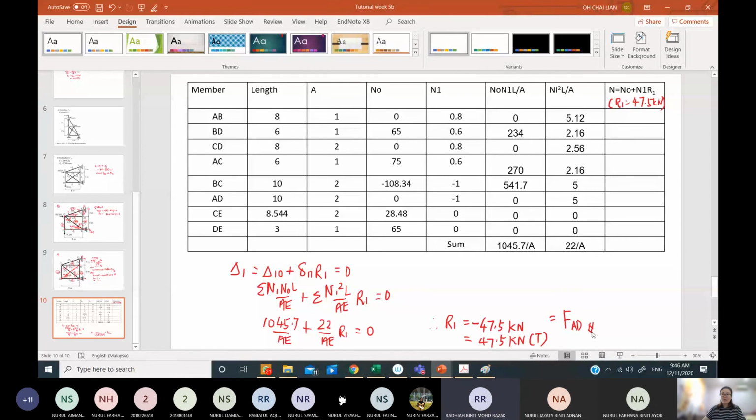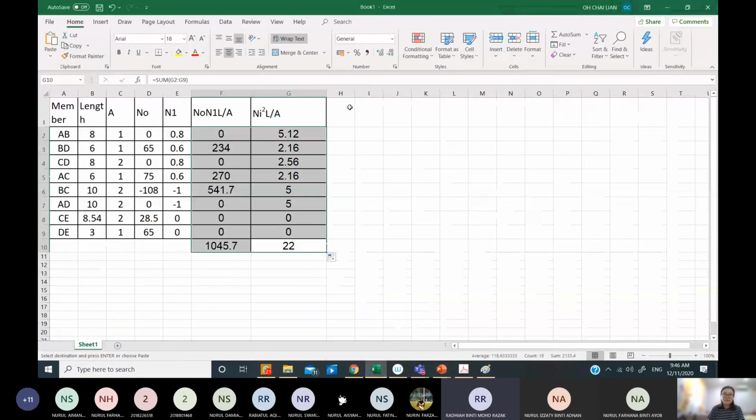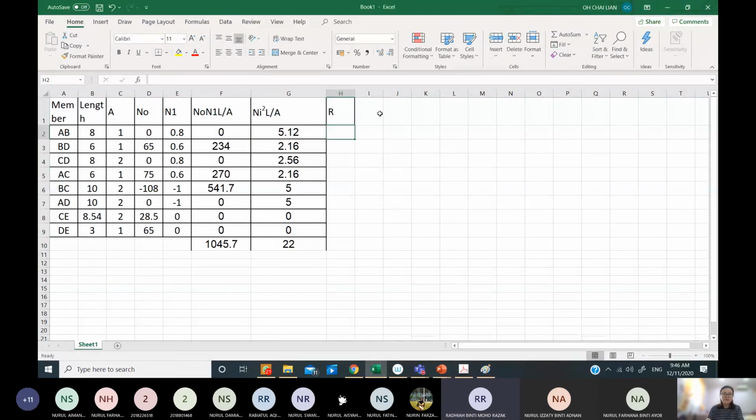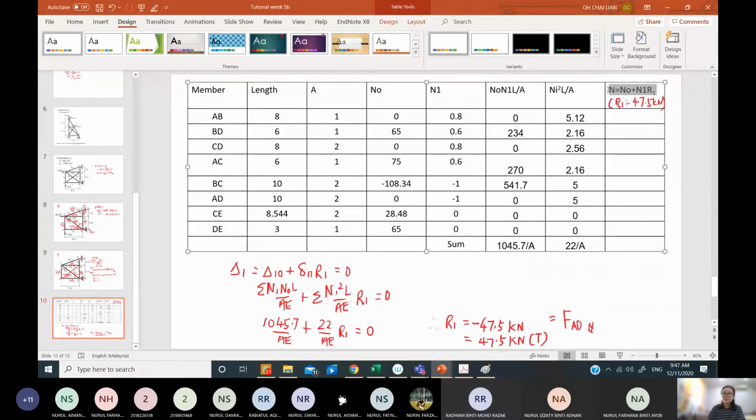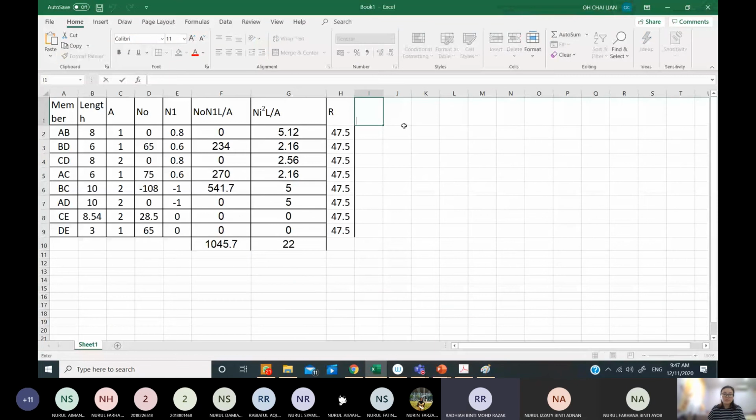Okay, so now I would like to put this back in my Excel file. Those who don't have the Excel file, you can use a calculator to compute this. 47.5. So my R is 47.5. So all R is the same. So now I need to go to the Excel file.